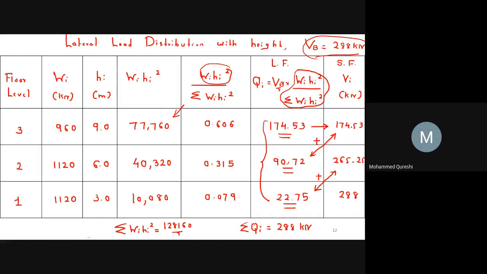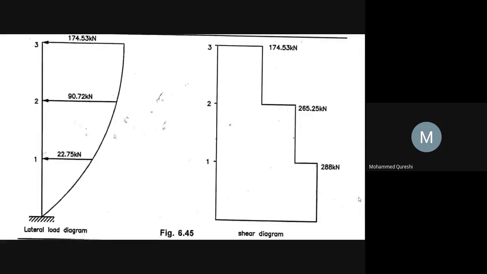So you have to plot the lateral load diagram in the next step, and you have to plot the shear force diagram in the last step by considering 174.53 at third floor, 265.25 at second floor, and 288 kilonewton at first floor.